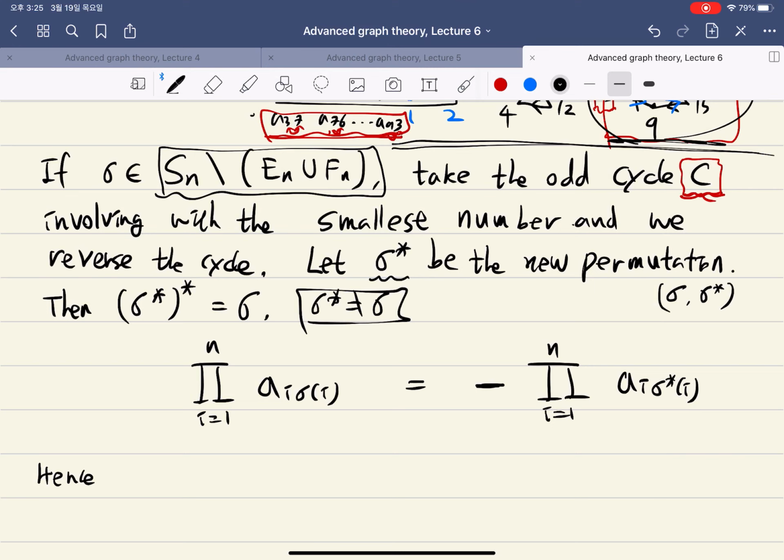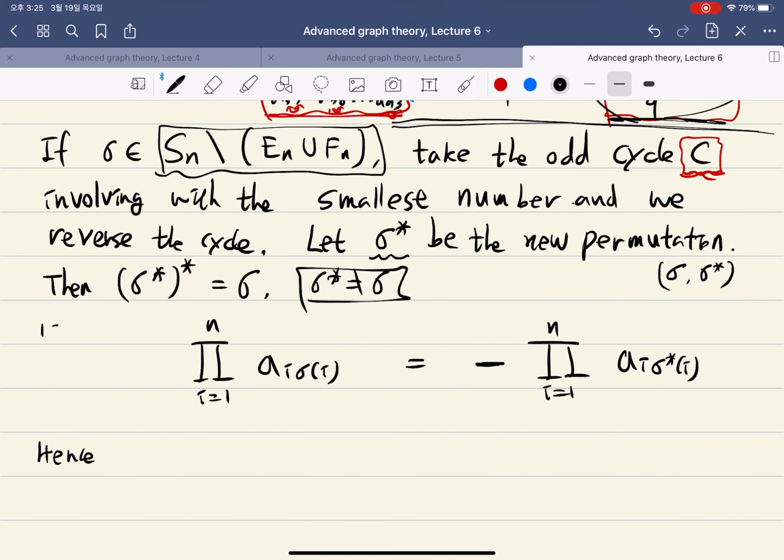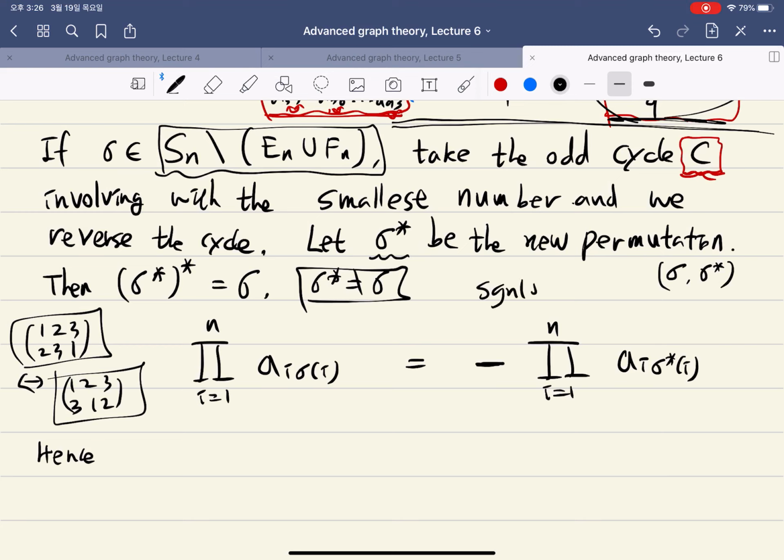And I forgot to mention one thing. Once you flip this cycle, the permutation changes. And then from, say, here to here, you can actually check that the number of transpositions you need to take is even. So the sign of sigma is the same as the sign of sigma star.